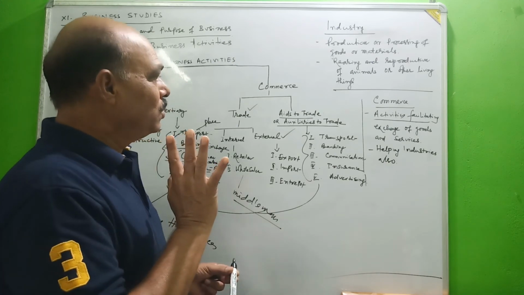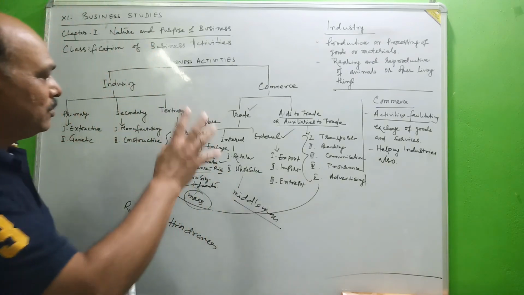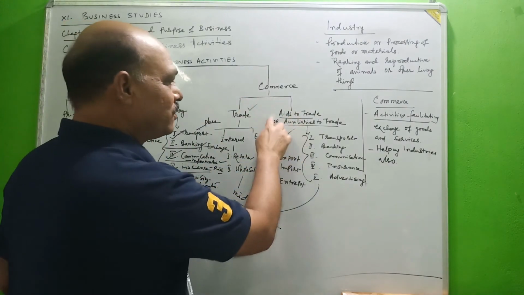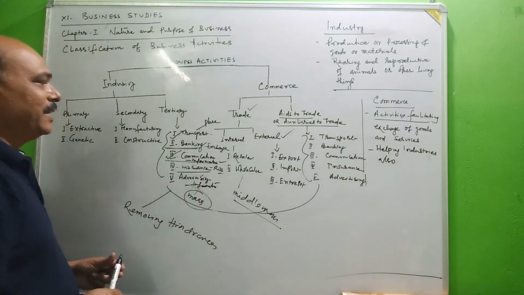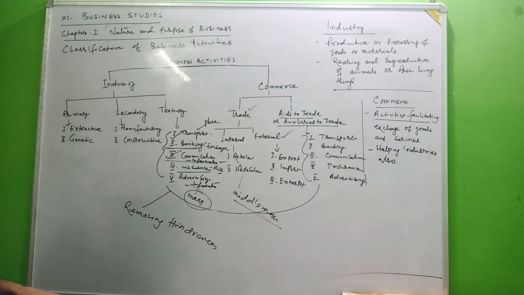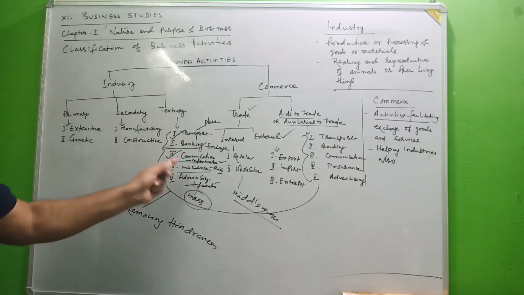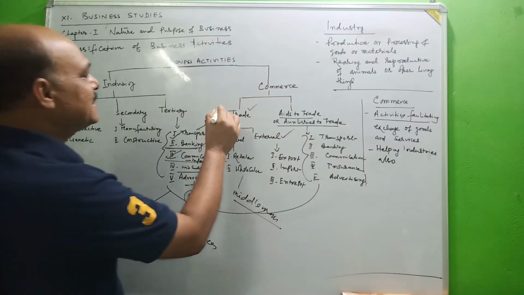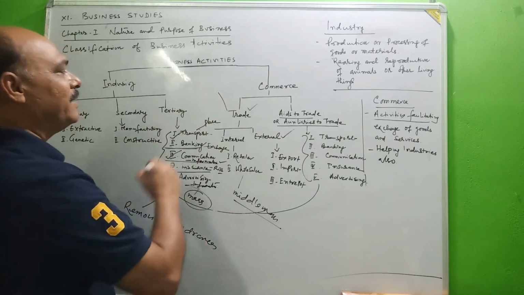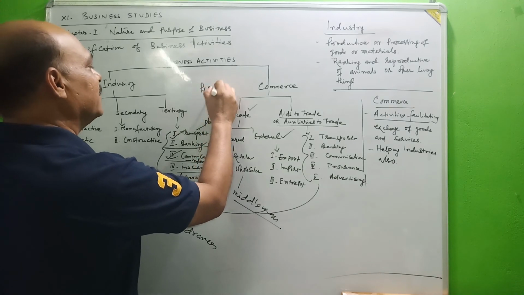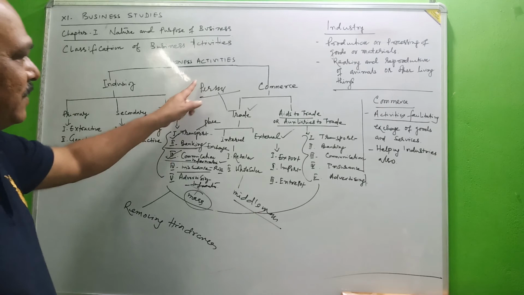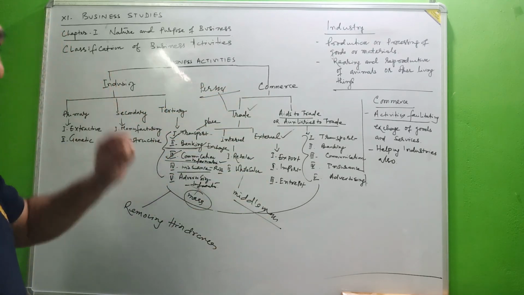So you can have a look once again that we have already discussed tertiary and aids to trade, auxiliaries to trade, they are the same, removing the hindrances. And children, you should know that trade is removing the hindrances of person. That means commerce is removing different hindrances in the business.